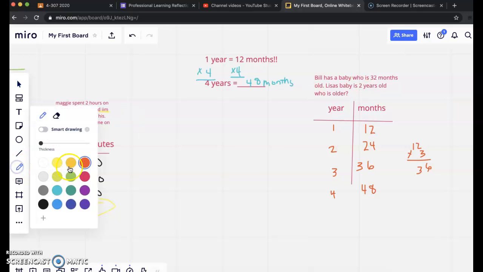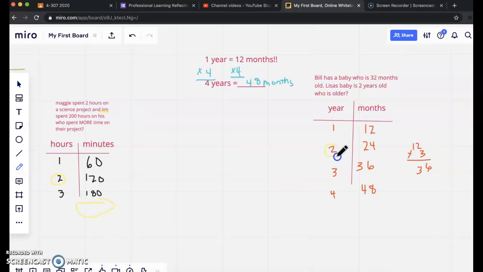All right, well, let's get out our pen and circle the numbers. So we have 2 years old right there, and we have 32 months old, which is somewhere over here, but not quite anywhere particularly. Whose baby is older? So if 2 years is 24 months, and the other baby is 32, who's older? The one who has 24 months on Earth, or the one who has 32 months on Earth? It looks like it's 32, because 32 is way bigger than 24.